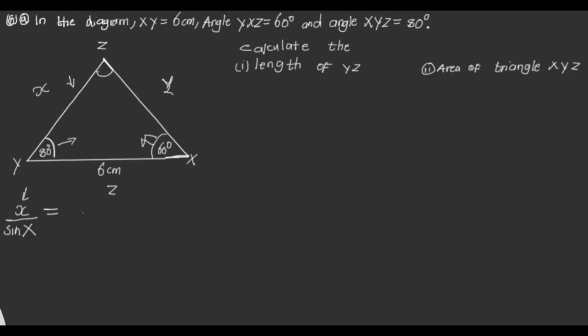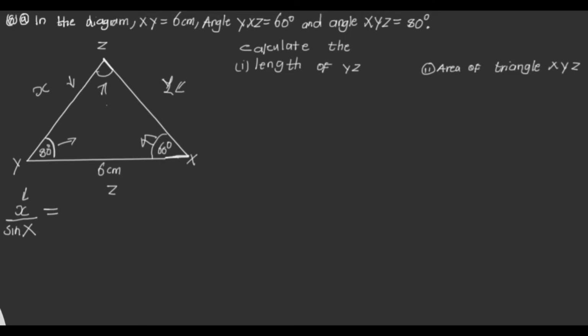We have to make sure that we choose a pair that has both the angle and the distance. We can't choose y, because the distance is given but the angle is missing. Now let's look at z. The distance for z is given, but the angle for z is missing.